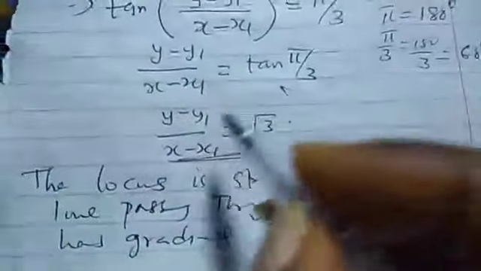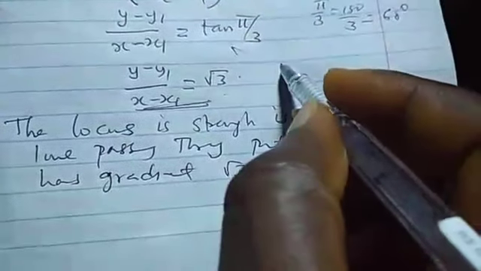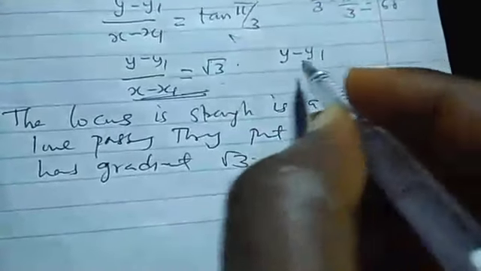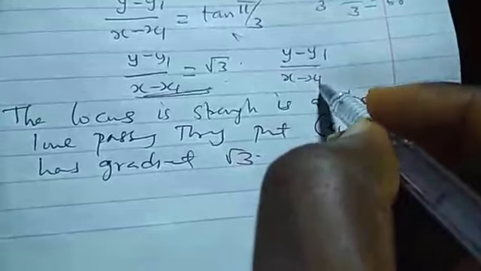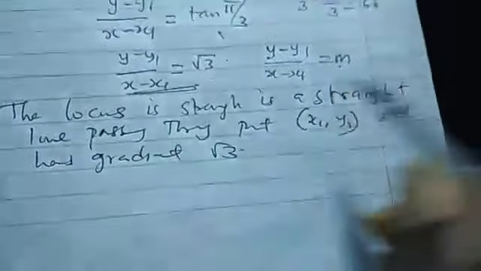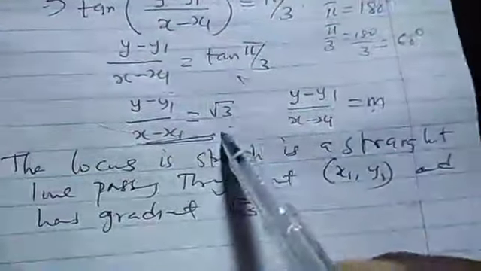Why is it that? If you remember, the formula for finding the equation of a straight line is always given like this: y minus y1 over x minus x1 is equal to m. M is the gradient. So this thing is a straight line. So the locus of this complex number is a straight line.